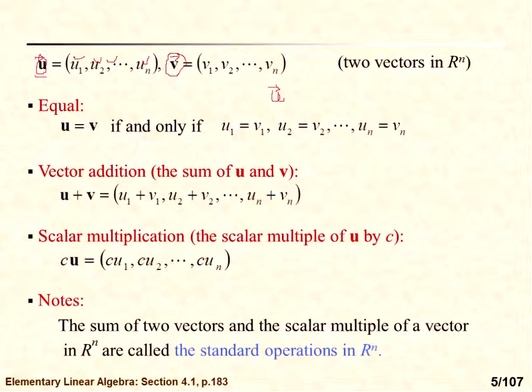Two vectors are said to be equal, that is vector u is equal to vector v, if and only if all the tuples of the vectors are equal, meaning u1 equals v1 and u2 equals v2 and u3 equals v3 and so on.